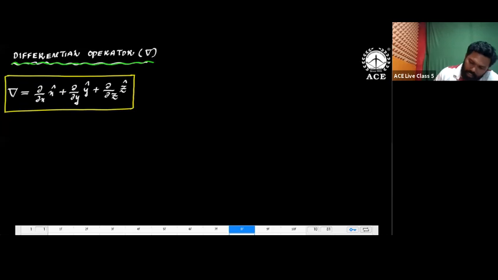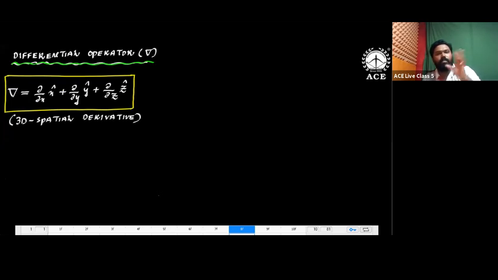This is called the three-dimensional spatial derivative.